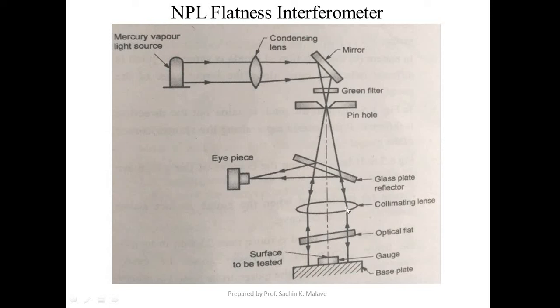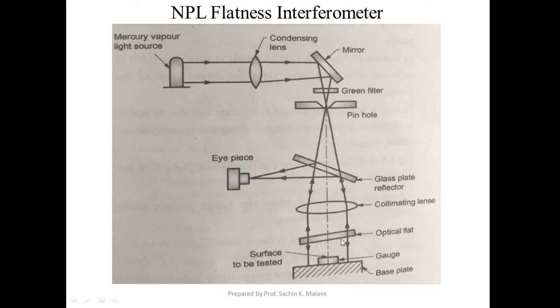These parallel rays of light will fall on the surface of the base plate as well as the surface to be tested. This is the surface to be tested. So these rays of light will fall on both the surfaces. In between the collimating lens and the gauge and base plate, an optical flat is introduced.